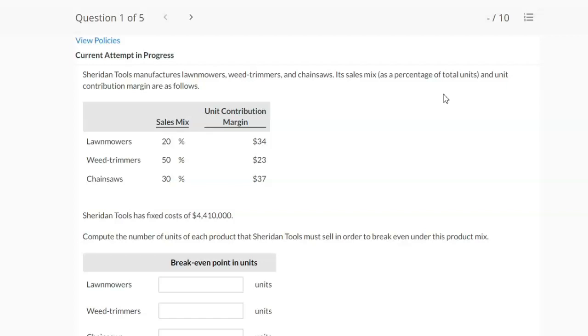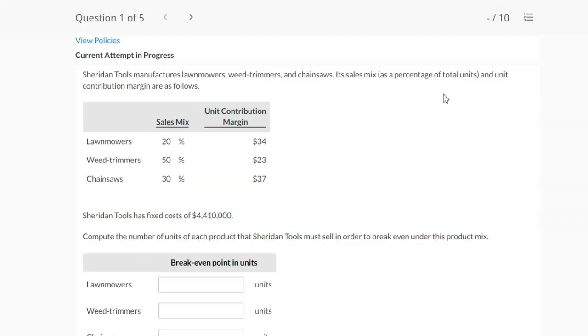Okay, go ahead. Sheridan Tools manufactures lawnmowers, weed trimmers, and chainsaws. Its sales mix as a percentage of total units and unit contribution margin are as follows. The unit contribution margin is given.